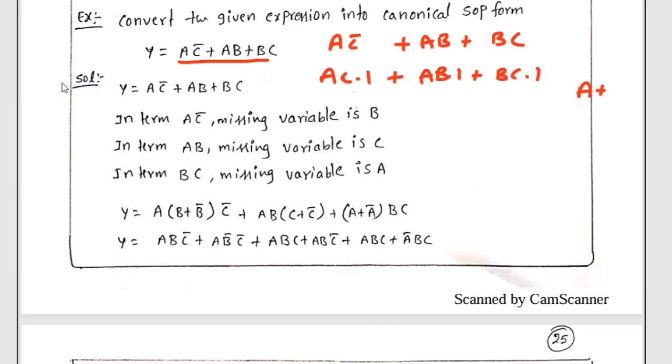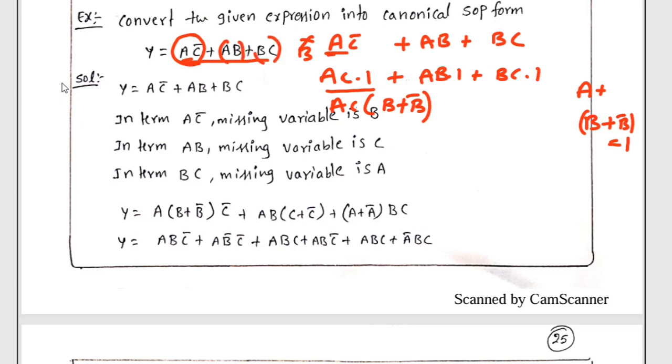Because here B is missing, and B plus B bar equals 1. So I can multiply AC bar by B plus B bar. Because in this expression B is missing, I need to include B, because each and every minterm must have three variables. Hence I need to include B in this.